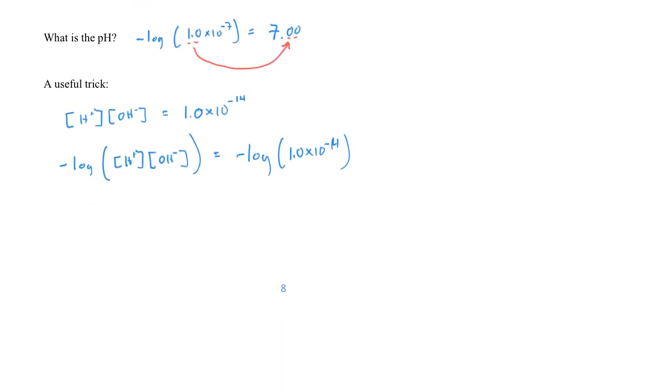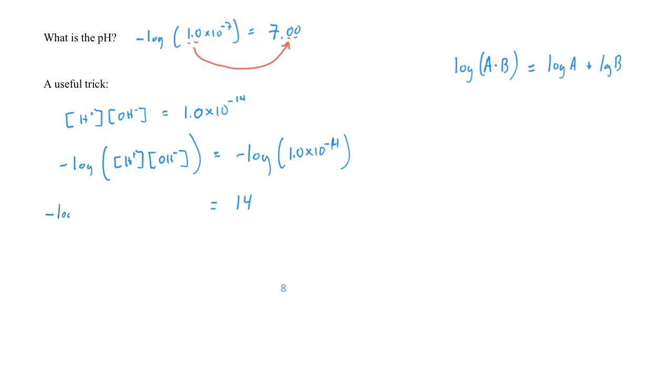Now we know that the negative log of 1.0 times 10 to the minus 14 is just 14. But what's the negative log of this product? Well, the properties of logarithms explain that the logarithm of a product can be expressed as the sum of the logs.